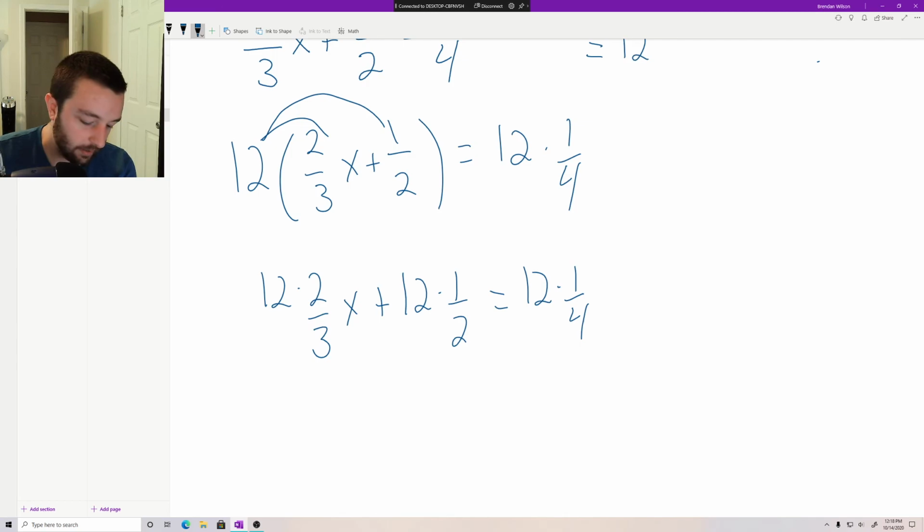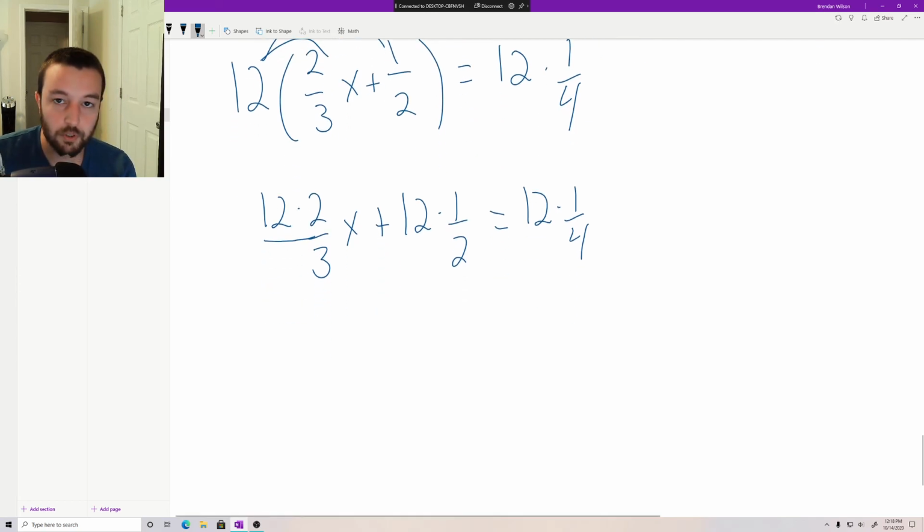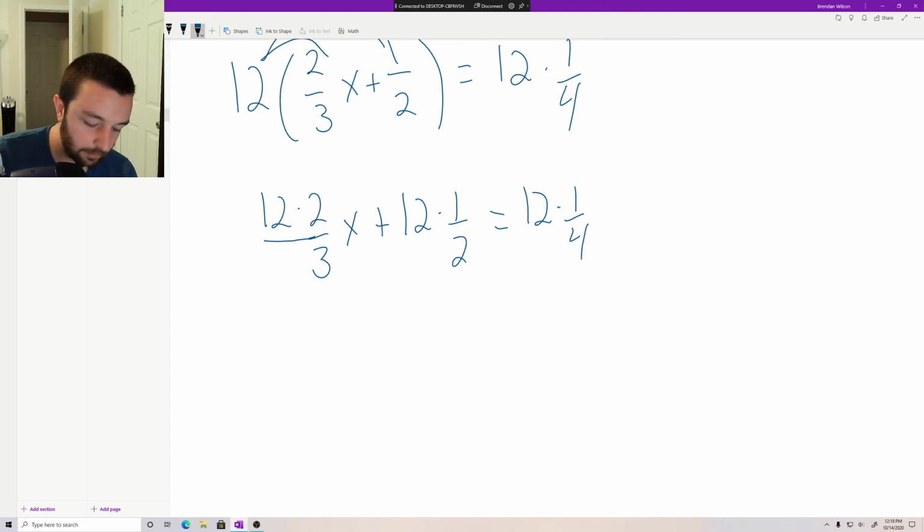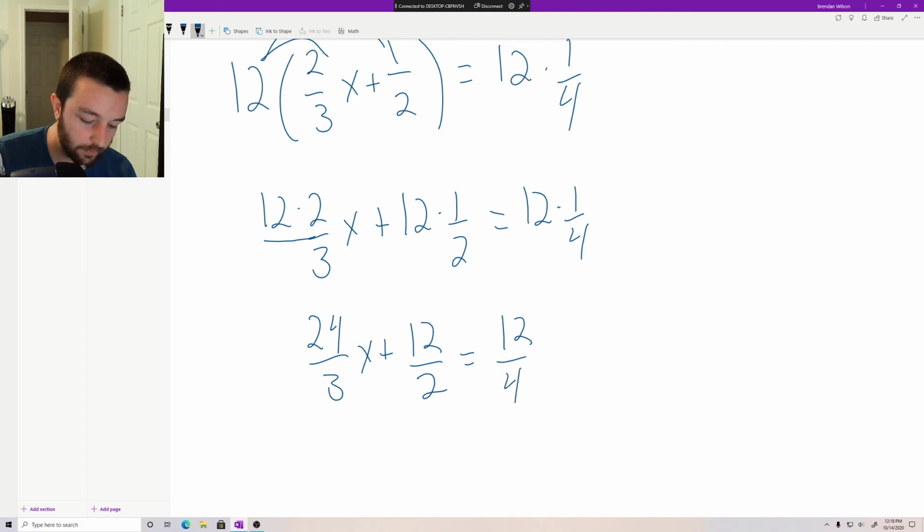So notice, if we kind of extend this out, because that's what we're doing, 12 times 2 on the top. This is 24 over 3x plus 12 over 2 equals 12 over 4.